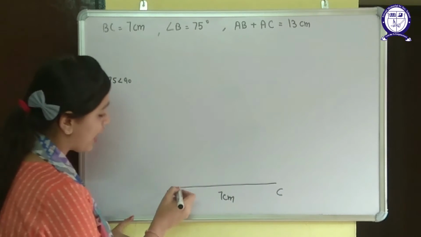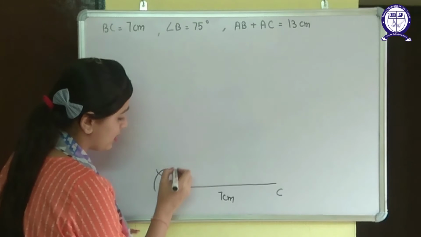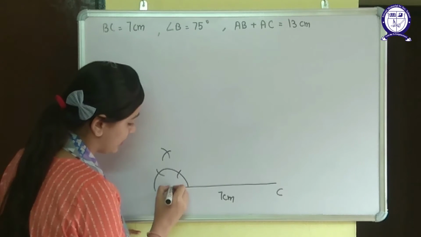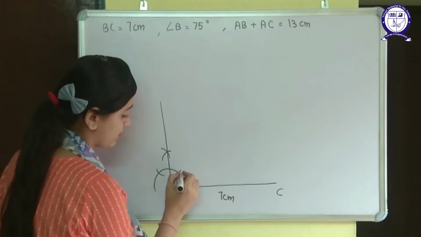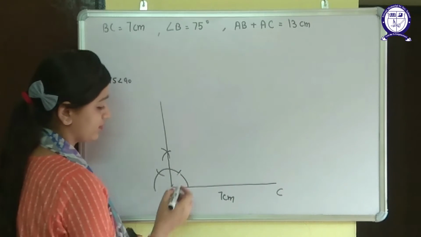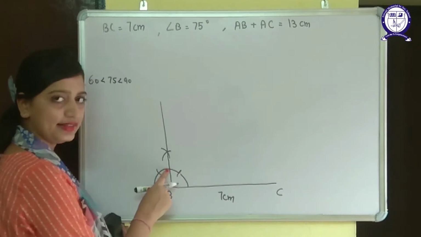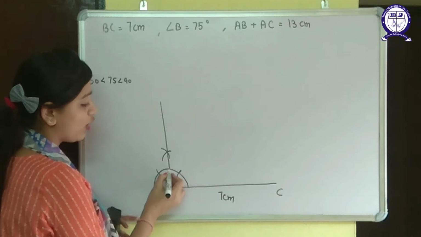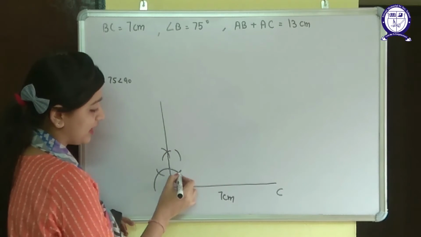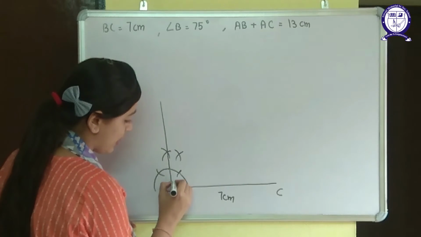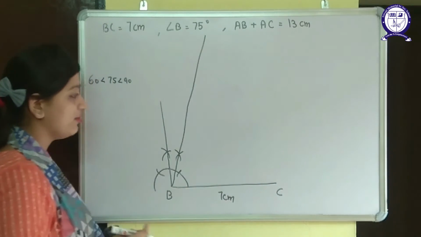So first of all, I will make 60 degrees, then 90 degrees. This is my 60 degree and this is my 90 degree. Now keeping the compass here, I will make an arc. Then here we will make an arc and then join this. This will be my 75 degree.